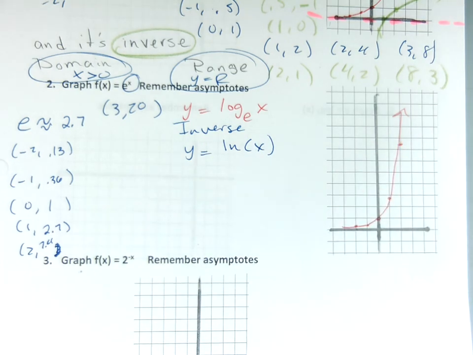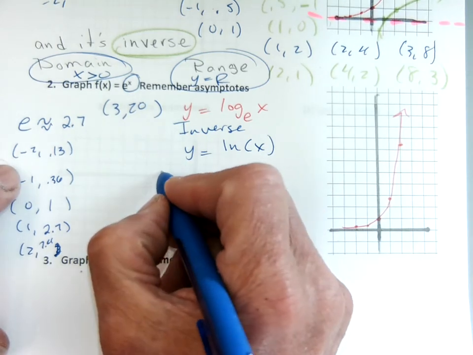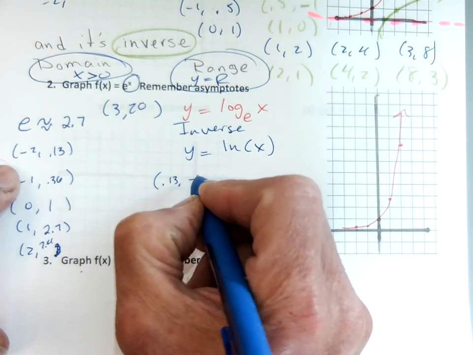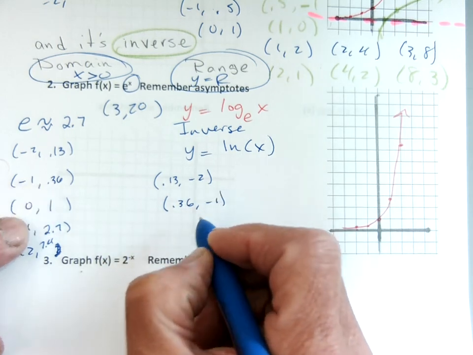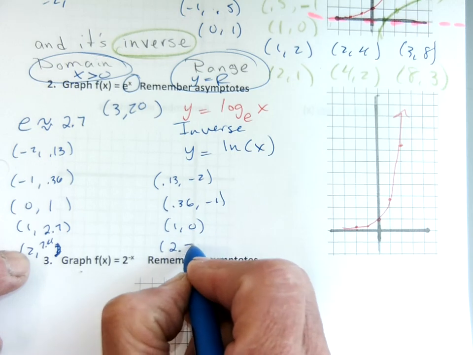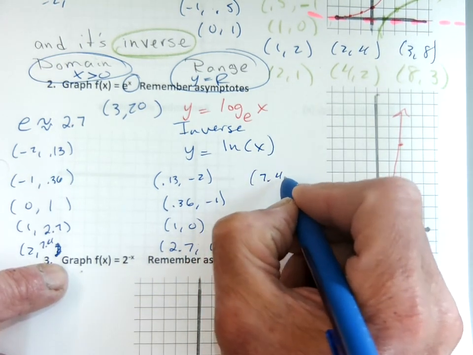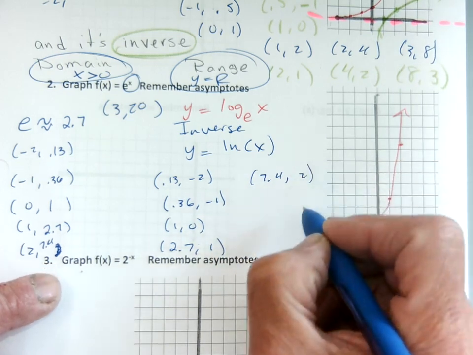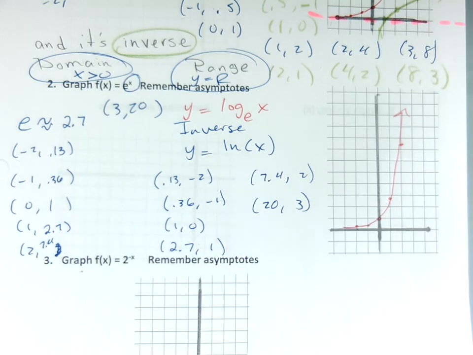I can do that in my calculator, but what I'll do instead is just switch these points around. So the inverse would be 0.13, -2, 0.36, -1, 1, 0, 2.7, 1, 7.4, 2, and then 20, 3, all right? And I'll do that in green.